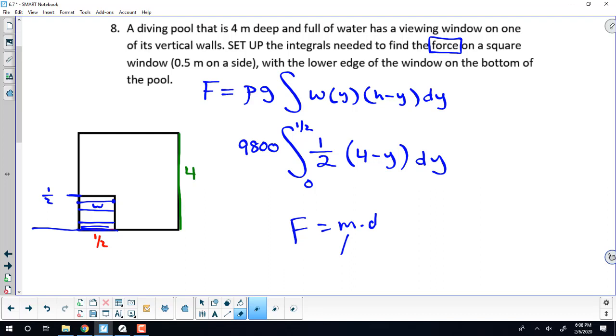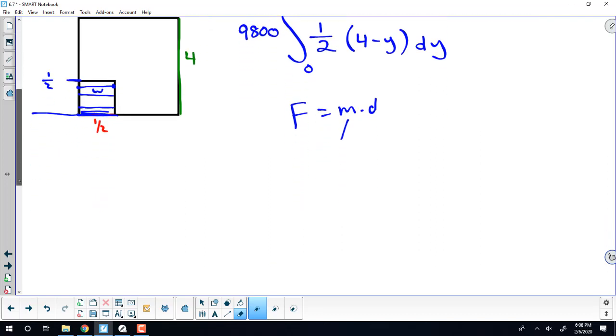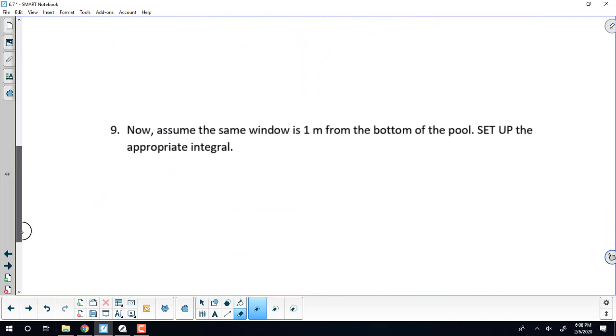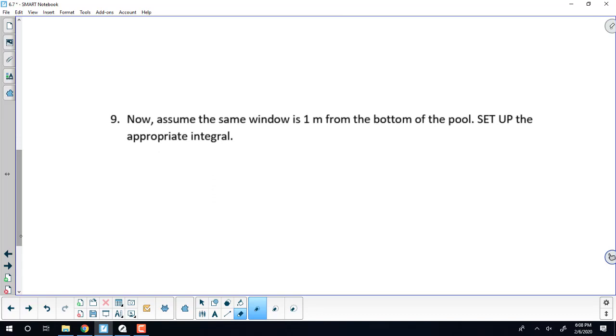All right. Okay, so then question 9 is similar. So what would change in question 9? Let's think about that for a minute.